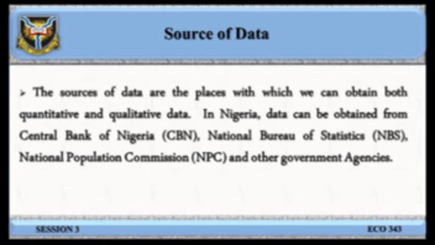Source of data. There are many sources from which one can get data that will be used for econometric analysis. The sources of data are the places from which we can obtain both quantitative and qualitative data. In Nigeria, data can be obtained from the Central Bank of Nigeria, CBN, National Bureau of Statistics, NBS, National Population Commission, NPC, and other government ministries, departments, and agencies.